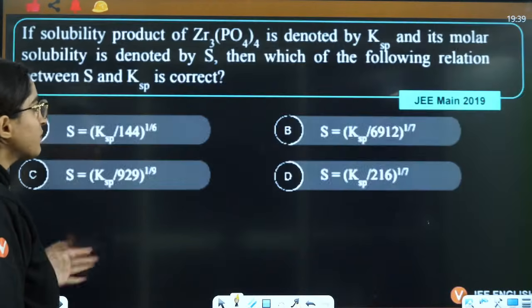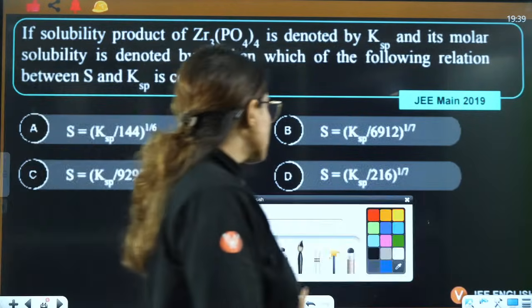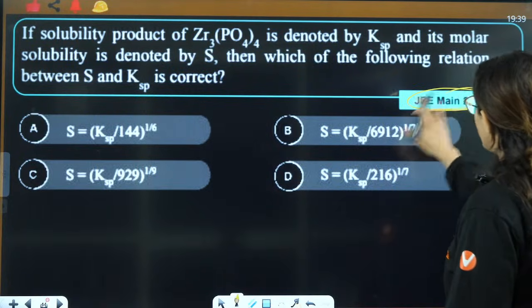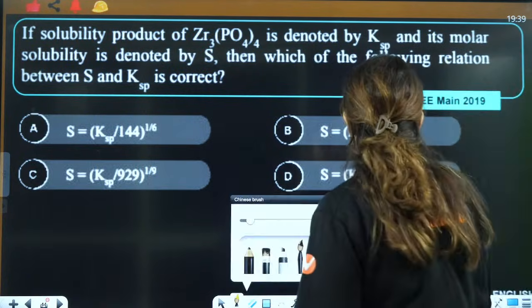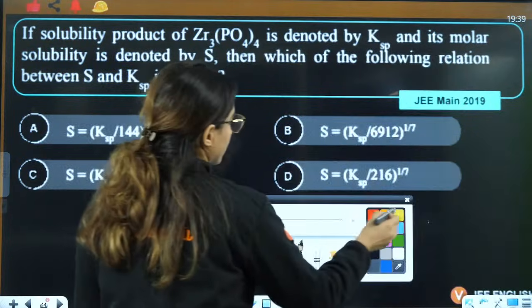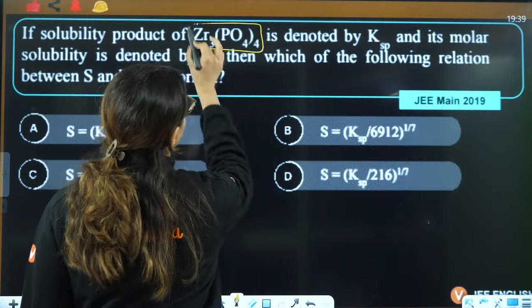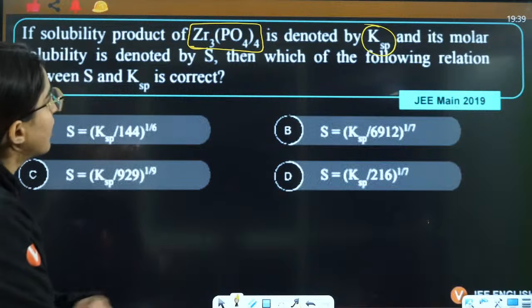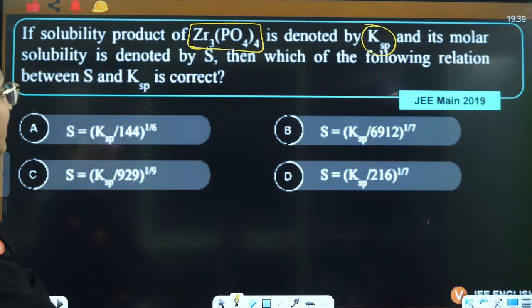Now let's see some questions based on it. The first question is a JEE Mains 2019 question that says if the solubility product of this is denoted by Ksp and its molar solubility is denoted by S, which of the following relations between S and Ksp is correct?